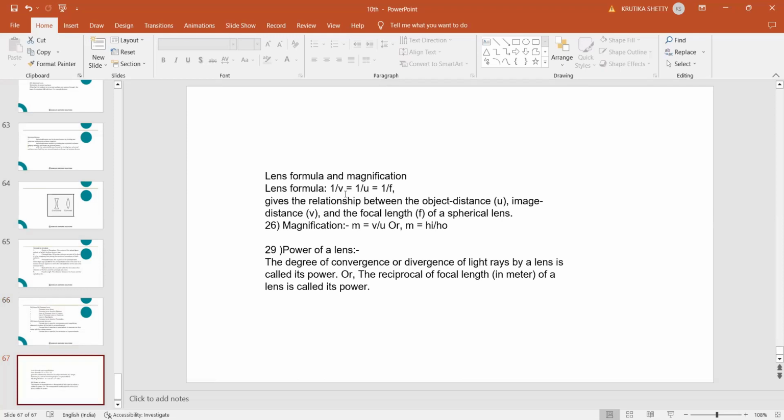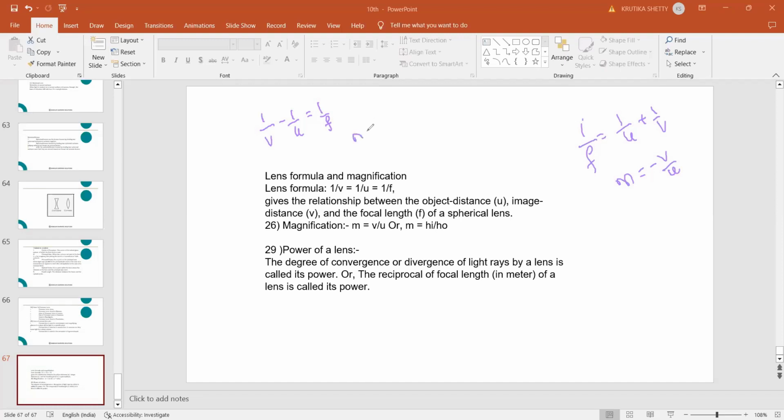Here we have the lens formula. We have already studied the mirror formula. What is the mirror formula? The mirror formula is given by 1 by f is equal to 1 by u plus 1 by v. Similarly, we studied mirror magnification, which is given by minus v divided by u. Same way for lenses, the lens formula is 1 by v minus 1 by u is equal to 1 by f.